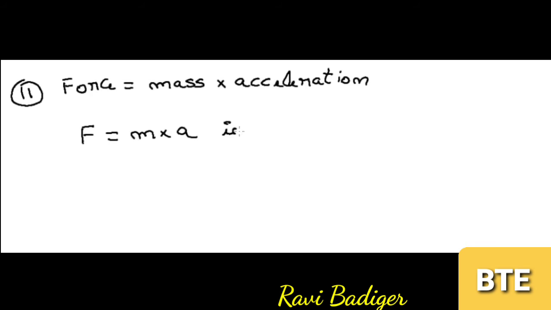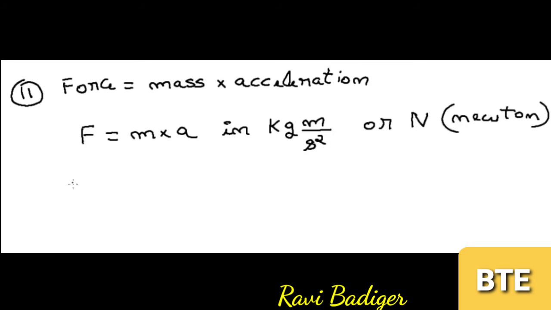Here mass is measured in kg and acceleration is measured in meter per second square. So the unit of force becomes kg into meter per second square, or it can be measured in Newton. Newton is denoted by capital N. Basically the unit of force is Newton.